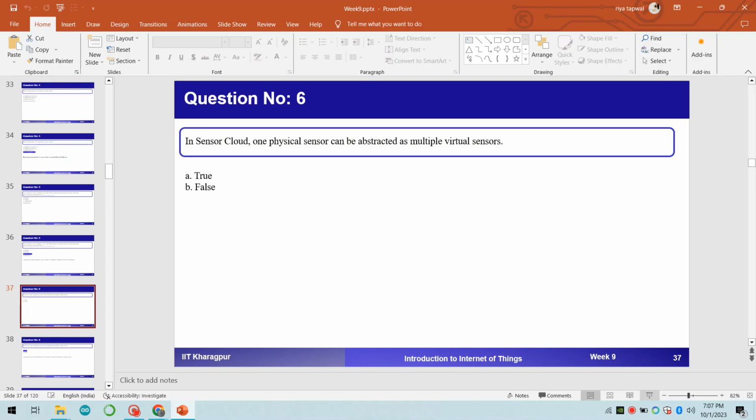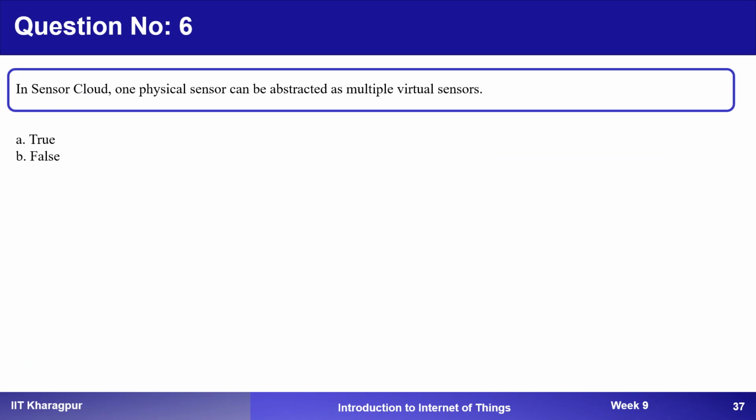The correct option is true, because in a sensor cloud you can abstract one physical sensor into multiple virtual sensors, or on the other hand, you can aggregate various physical sensors in order to create one virtual sensor.